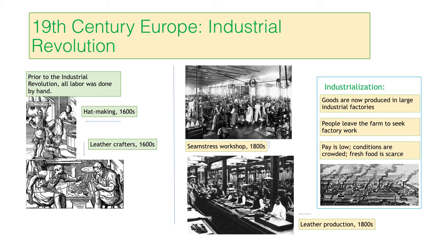By the time we get to the 1800s, all of this is becoming mechanized and moved into factories where people work in very large groups of people working in close confines where disease can easily be spread, and also in conditions that are crowded, pay is low, and fresh food is scarce.